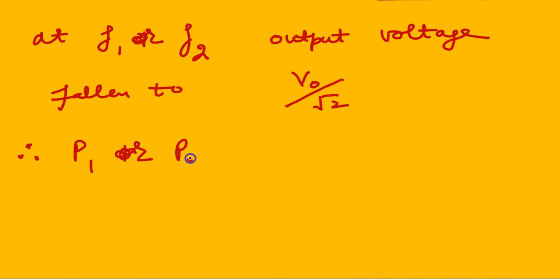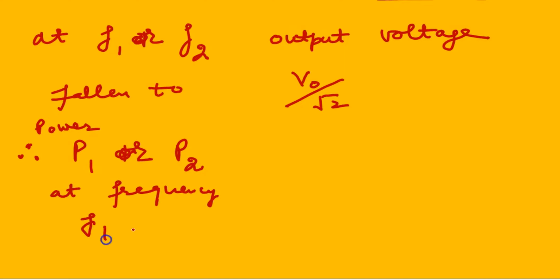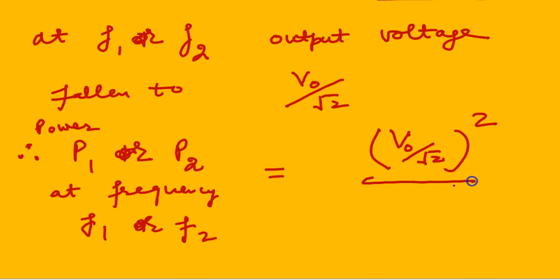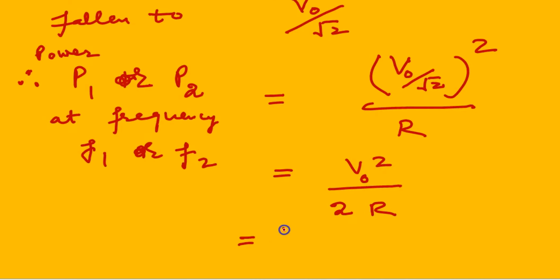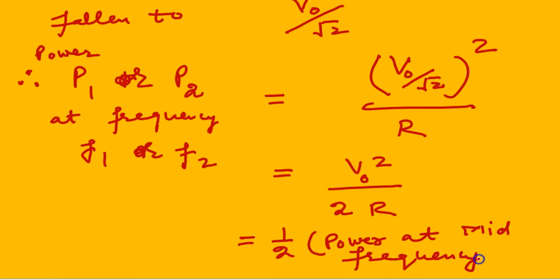So the power P1 and P2 at F1 and F2 becomes (V0 over root 2) squared over R. That is V0 squared over 2R, which is 1/2 times the power at the mid-frequency level.